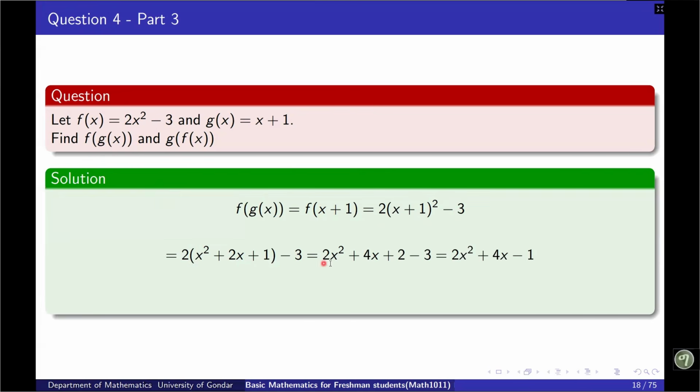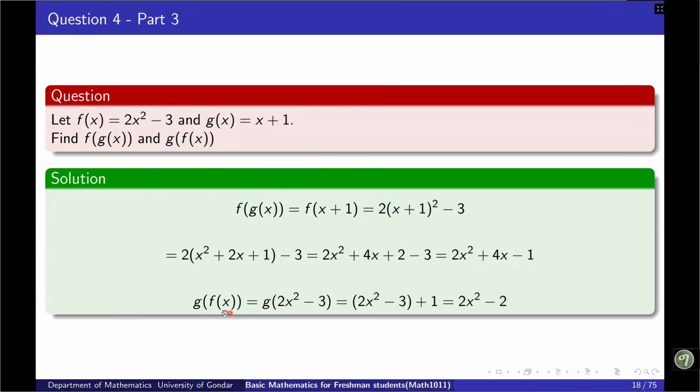If I distribute, 2x squared plus 4x plus 2 minus 3, which is equal to 2x squared plus 4x minus 1. So that is the composition f composite g, where f of x is 2x squared minus 3 and g of x is x plus 1.